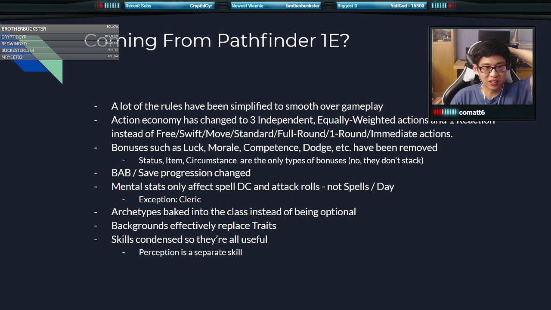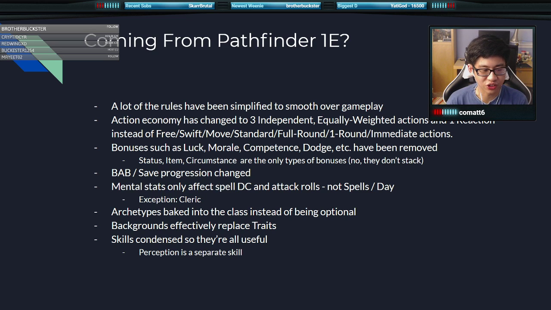And then finally, perception. Perception was by far and away the most important skill in Pathfinder 1st Edition, and is still the most important skill in Pathfinder 2nd. However, perception is a separate skill. You cannot increase it as you would normal skills, and we'll go into that later as well.